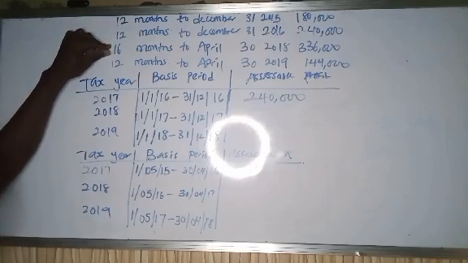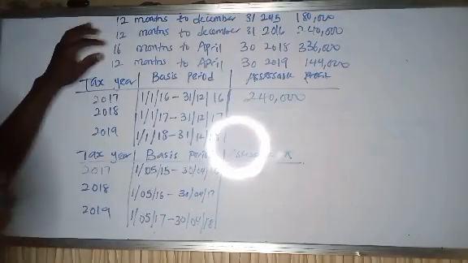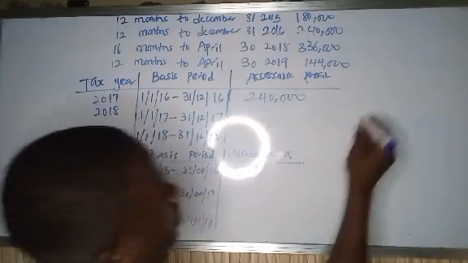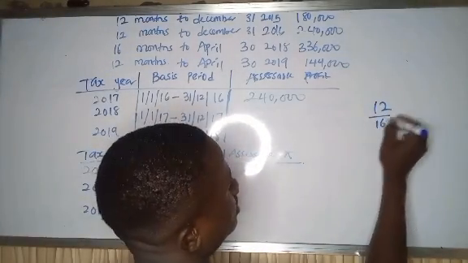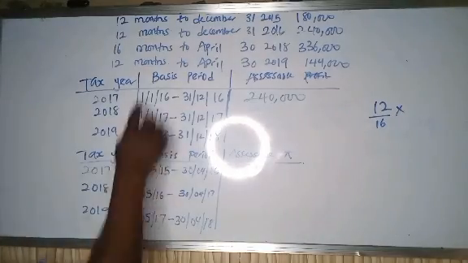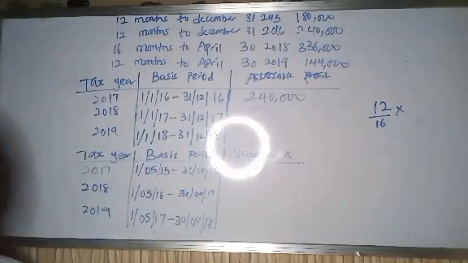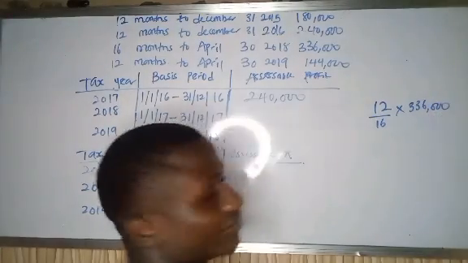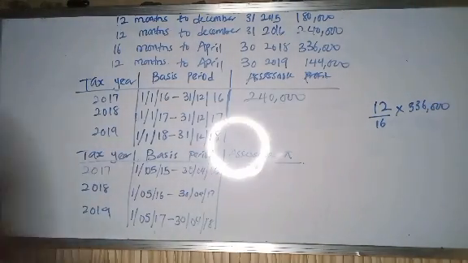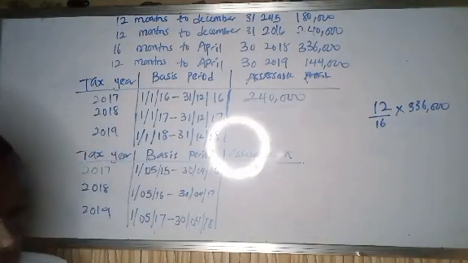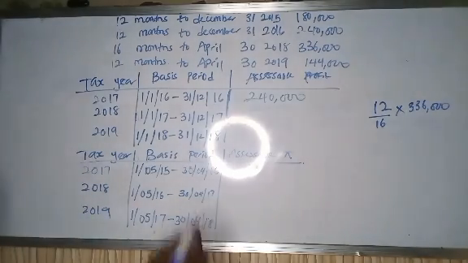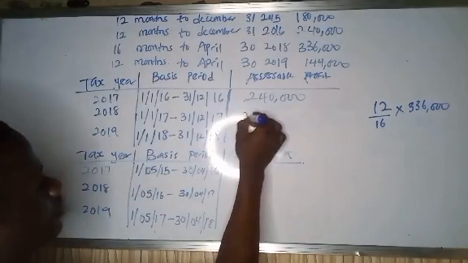So I need to remove the profit of that 12 months out of these 16 months. So I'll say 12 out of 16 times, what is the profit for the 16 months? 336,000. If I take my calculator and do 12 divided by 16 times 336,000, I will have 252,000.